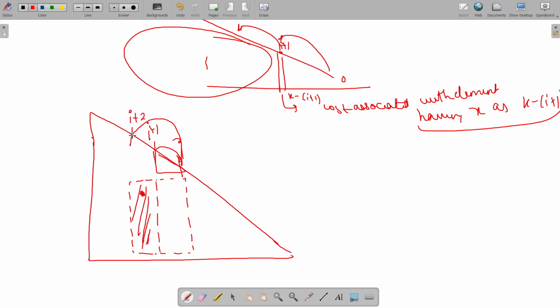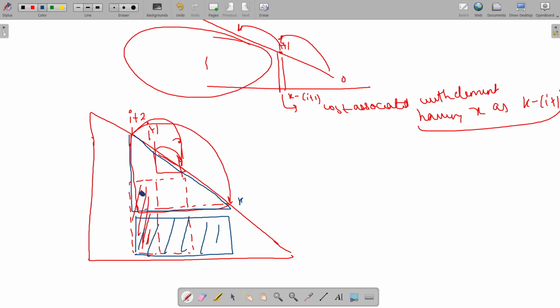If I am going from this I to some farther k, taking this triangle, then since this height is below this point, it won't be part of the region; its contribution will not be seen in this region.